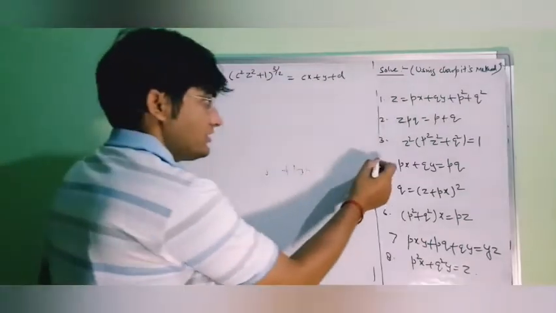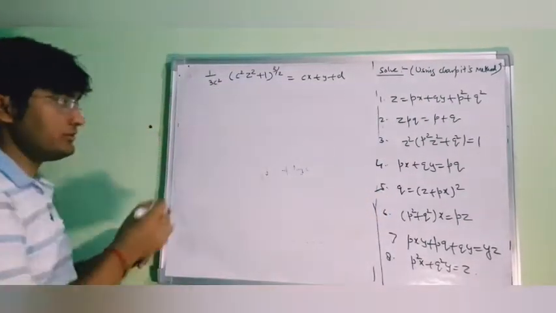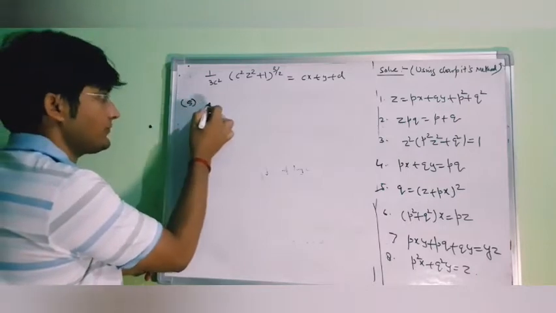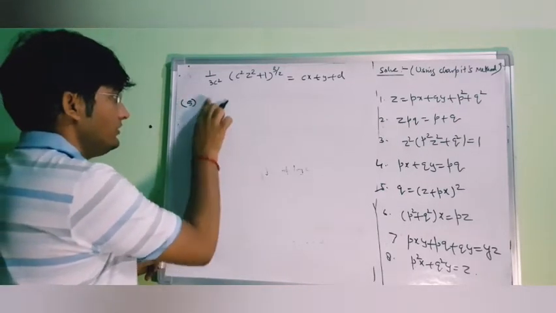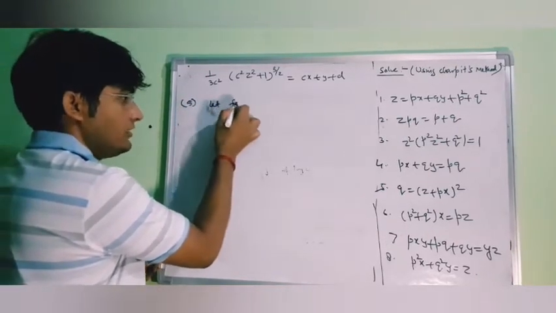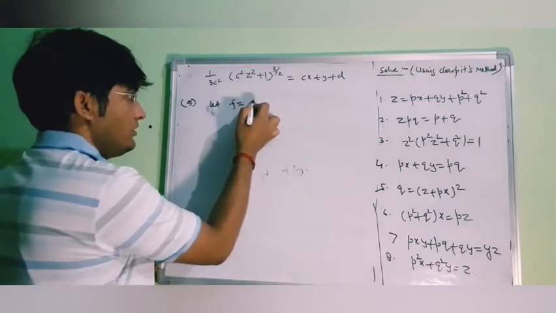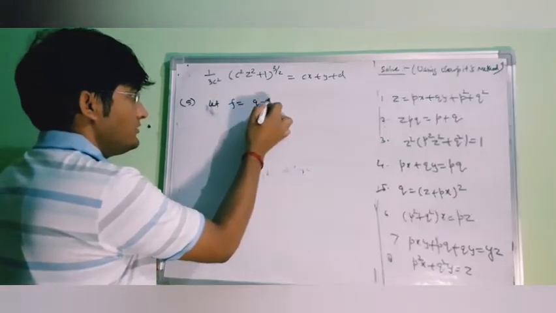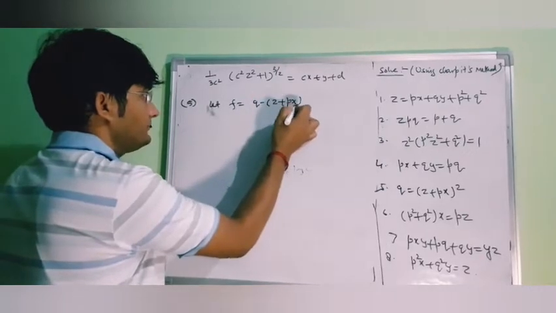I think 4th is easy, so I am solving the problem number 5th. So q equal to, let us assume f equal to q minus z plus px whole square.